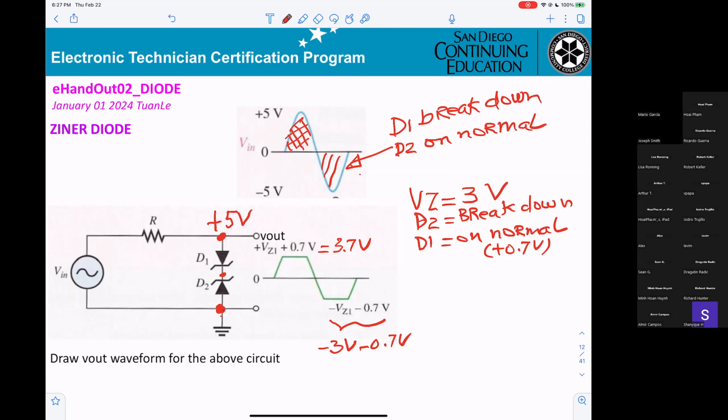So 0 here. And now you get 5 volt here. 5 volt is greater than breakdown. I suppose VZ equal 3 volt. So you get 5 volt here. And this guy, D1 just on.